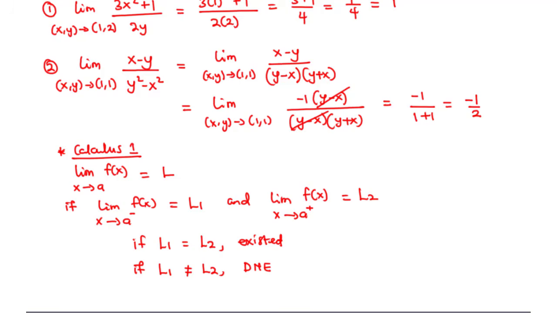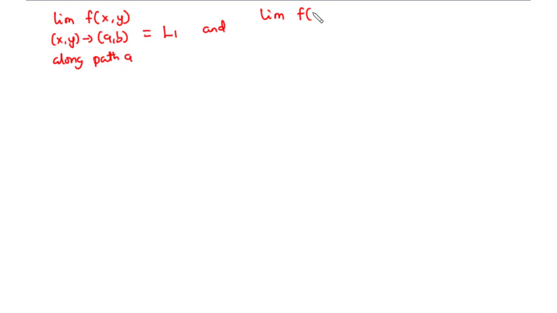So let's assume that we have the limit of a function f of x, y, where (x, y) approaches (a, b) along path A, and let's call this L1, and we have the limit of the function f of x, y as (x, y) approaches (a, b), this time along path B, is also equal to L2.